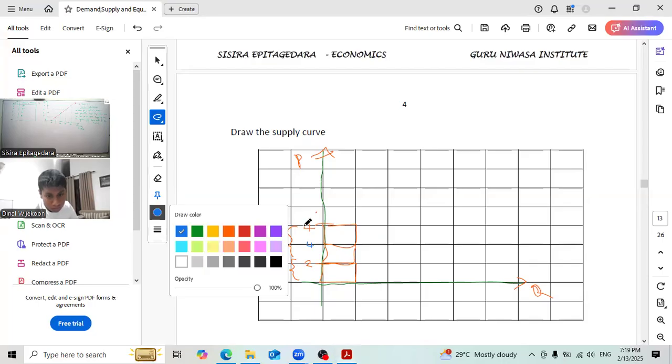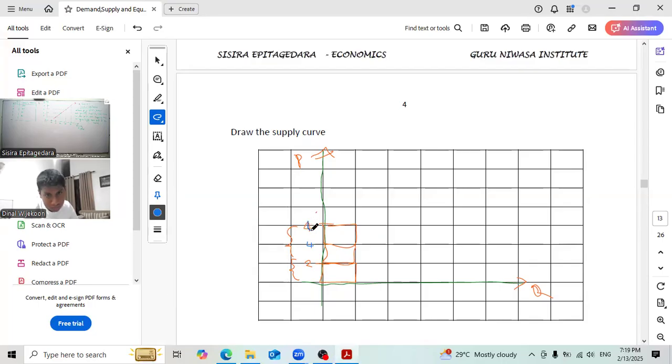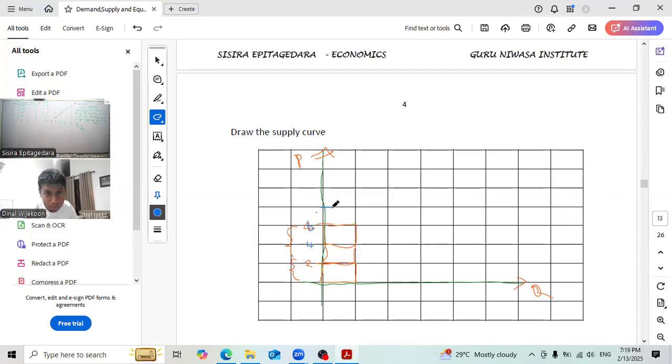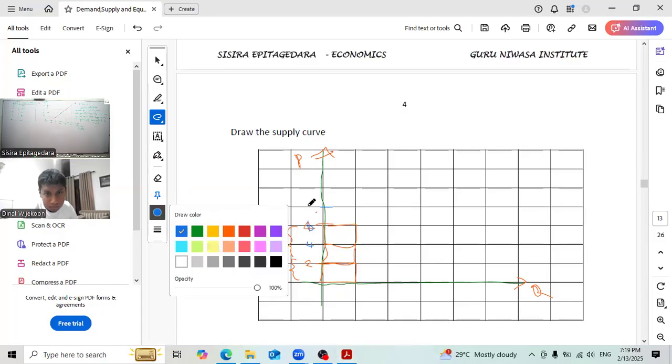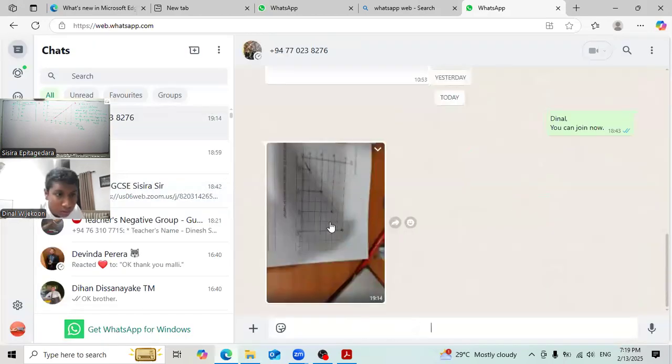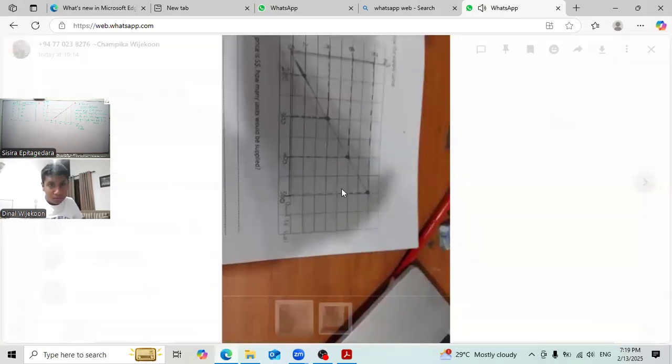Another one, 6 here. 8 here. Clear? Dinal, is that clear? Yes, sir. Look at the diagram. I'll show you.